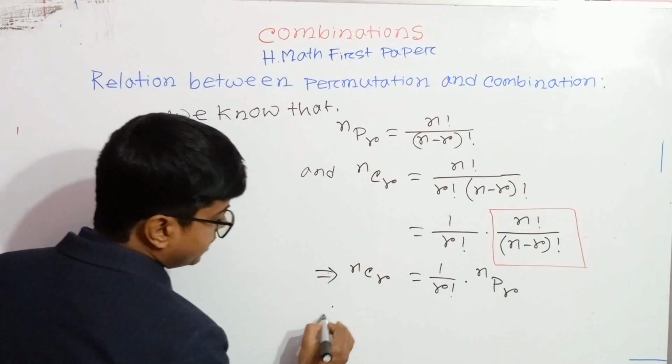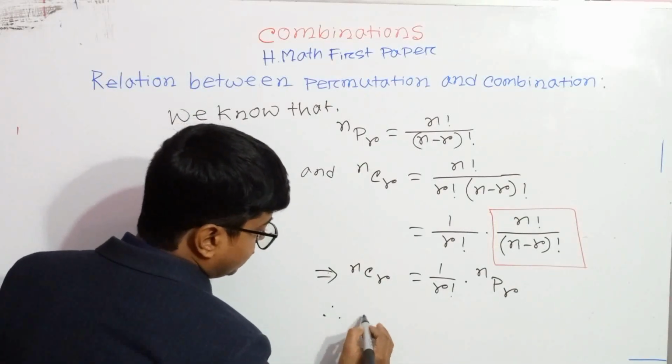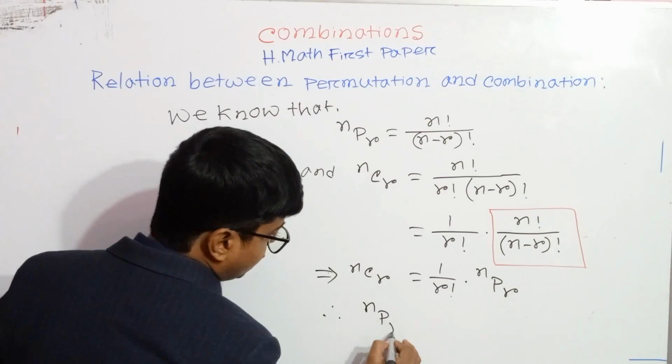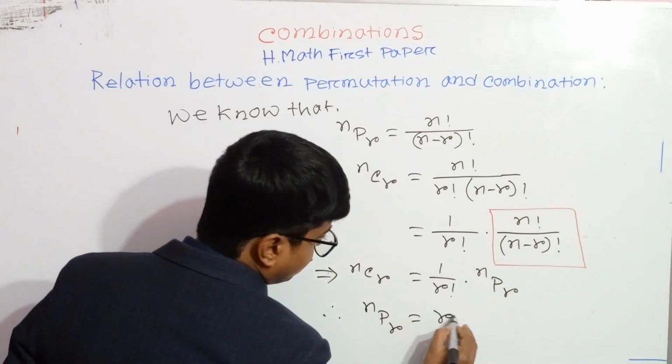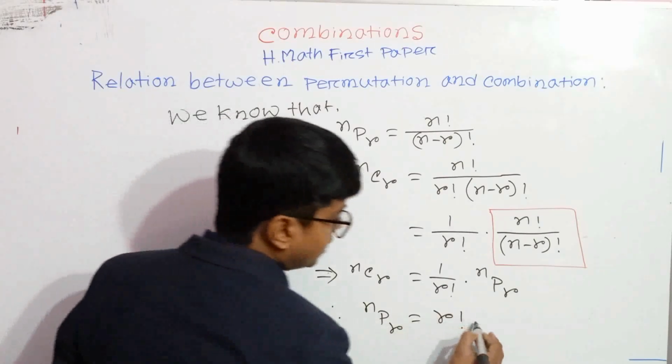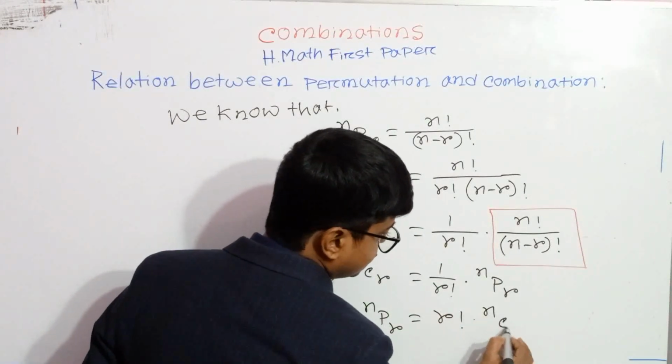So we can write nPr equals factorial r into nCr.